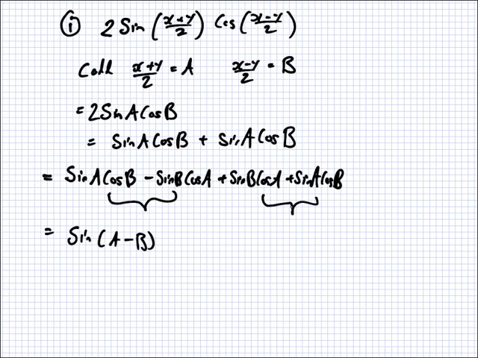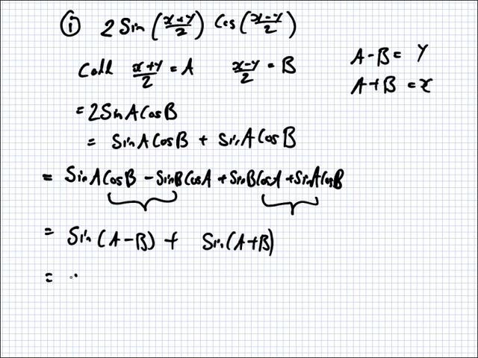What about these two? Sine of (A plus B), isn't it? That's A and that's B. So what's A minus B? It will be y. And then A plus B will be x. So that would be sine y plus sine x, or in other words, sine x plus sine y.